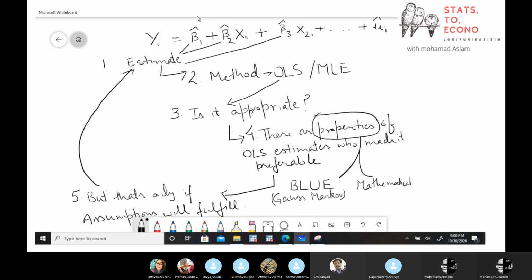These days, these coefficients are computed by software, so you are not required to do anything. If you have data, software will give you these estimates, but at least you have to specify the model to the software, what your econometric model is, and provide instructions.